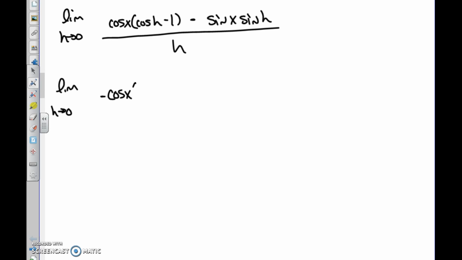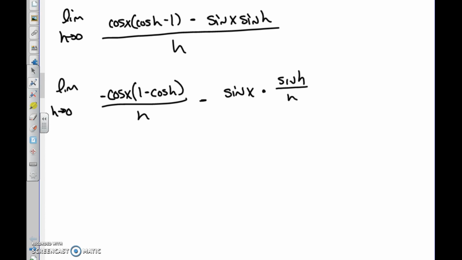So that would actually give me a positive 1 minus the cosine of h all over h, minus. Now over here, I'm going to write this as sine of x times my sine of h over h.